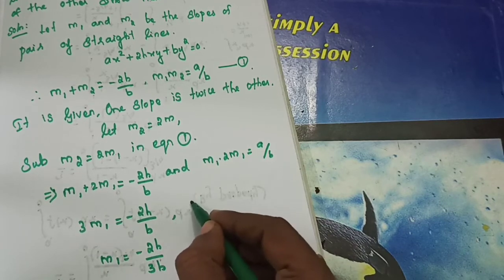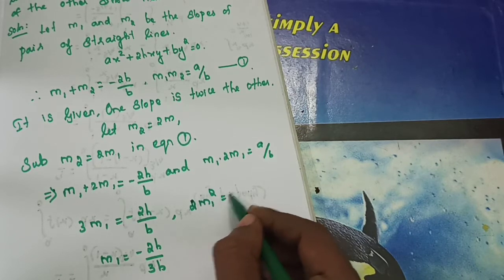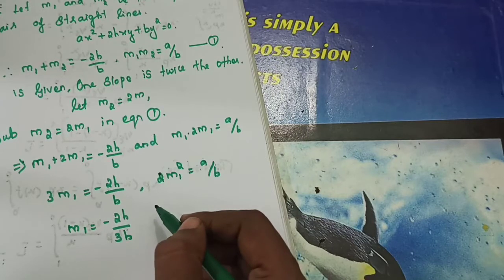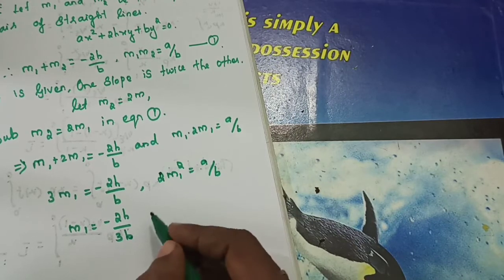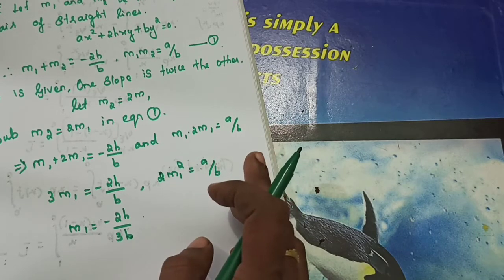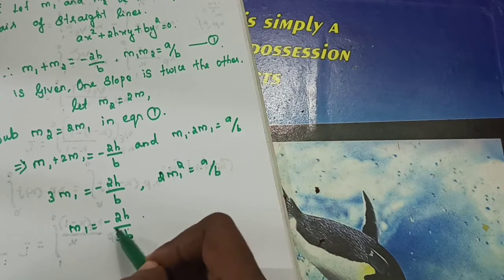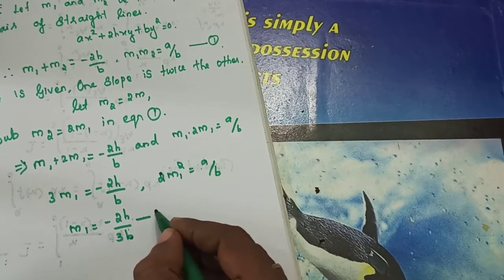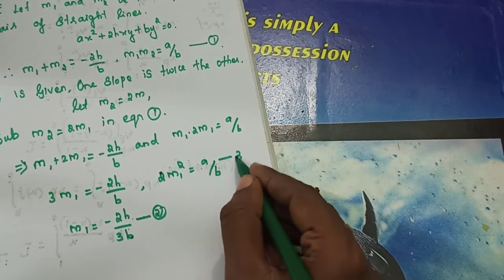Then the same for this one also. How much will you get? 2m1 square is equal to a by b. Correct? Understand? So you can substitute these two equations in any one of the equations and you will find the answer. Shall we do one simple method? Take this as 2 and this as 3.